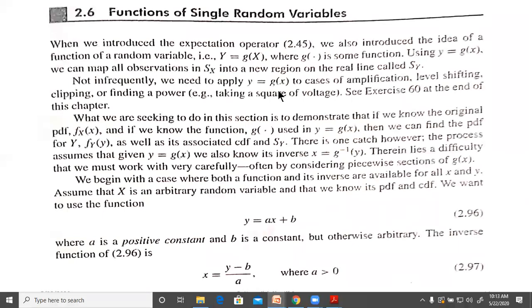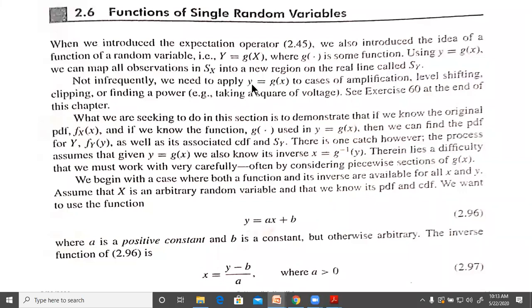A function of a random variable can be represented by y equal to g(x), where g is some function. Using this, we can map all the observations of S_x, concerned with x, into a new region of the real line called S_y, concerned with y.